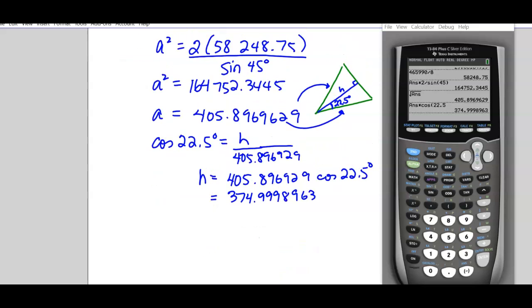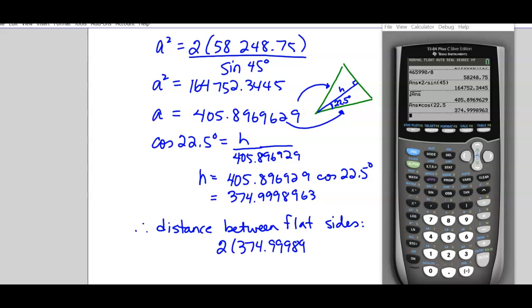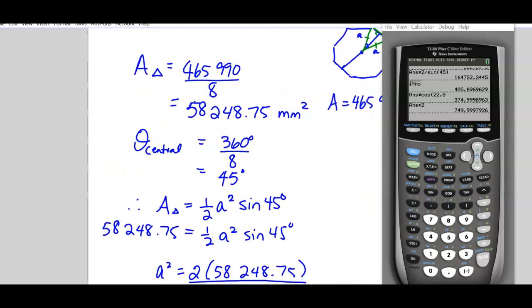Okay, and then the distance across is double that. So therefore, distance between the flat sides, calculator times 2, and then you can round it, and it probably says to the nearest whole number.